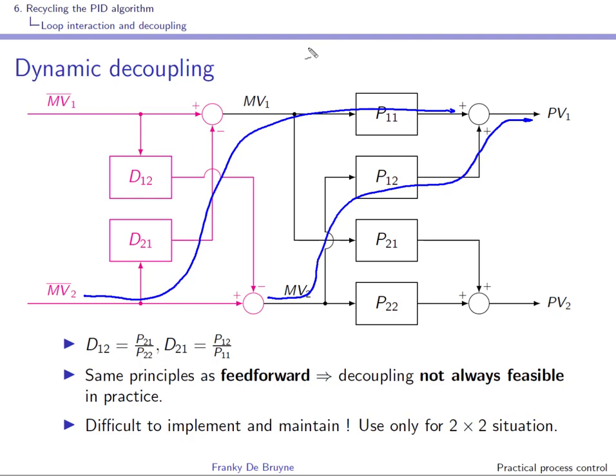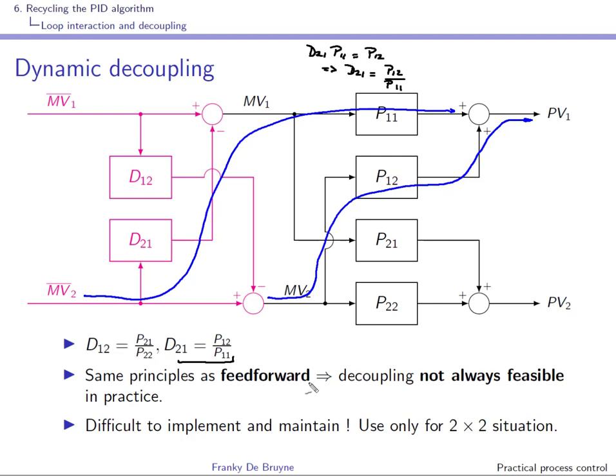So we'll have D21 P11 is equal to P12. So obviously D21 is P12 over P11, as you see over here, and you can do something very similar for D12.